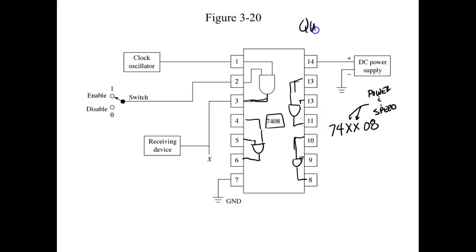It's a quad 3 input. No, it's a quad 2 input. Did I say 3? Input AND gate. So a quad 2 input AND gate requires 3 pins, right? And of course the quad means there's how many in there? There's 4. So this is, I'll count the leads. Well, it's only 3 leads.